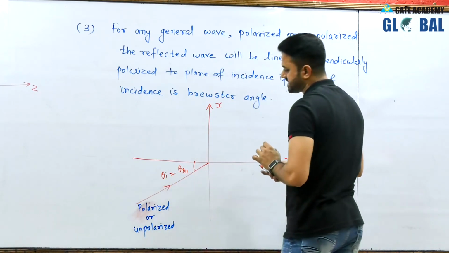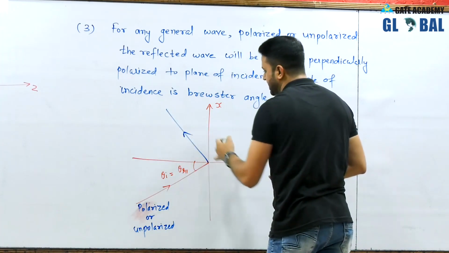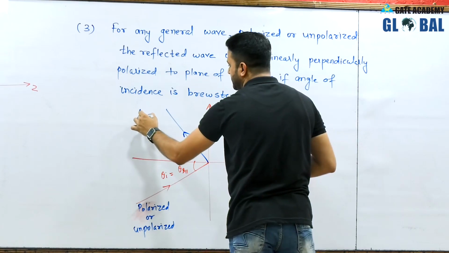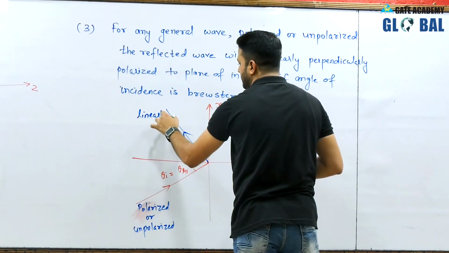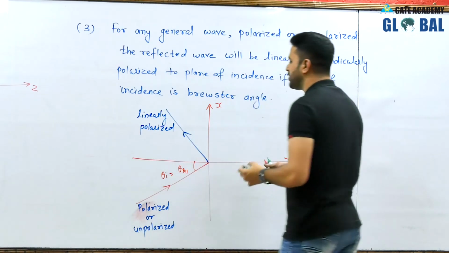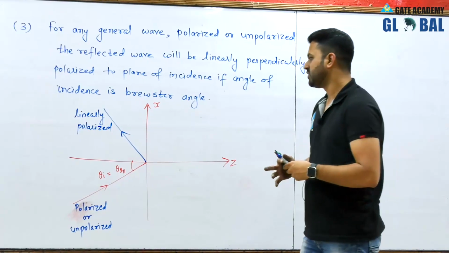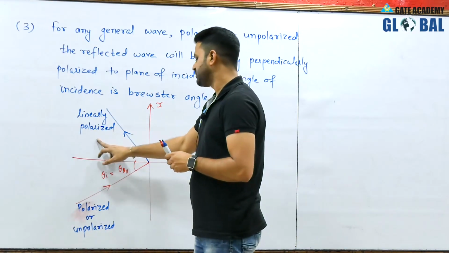If the wave is still present, it has to be linearly polarized, and this is because of the perpendicularly polarized wave. The perpendicular polarized wave is always a linearly polarized wave.